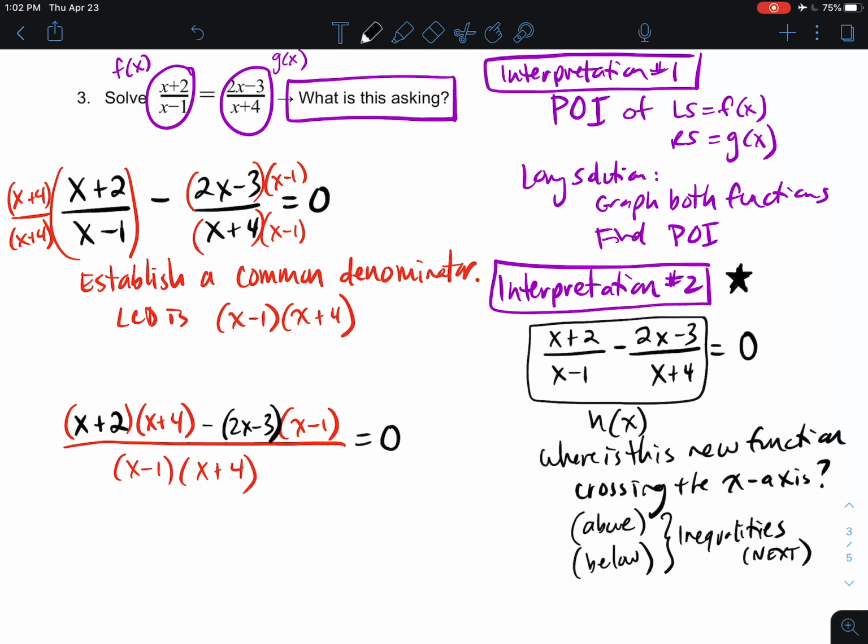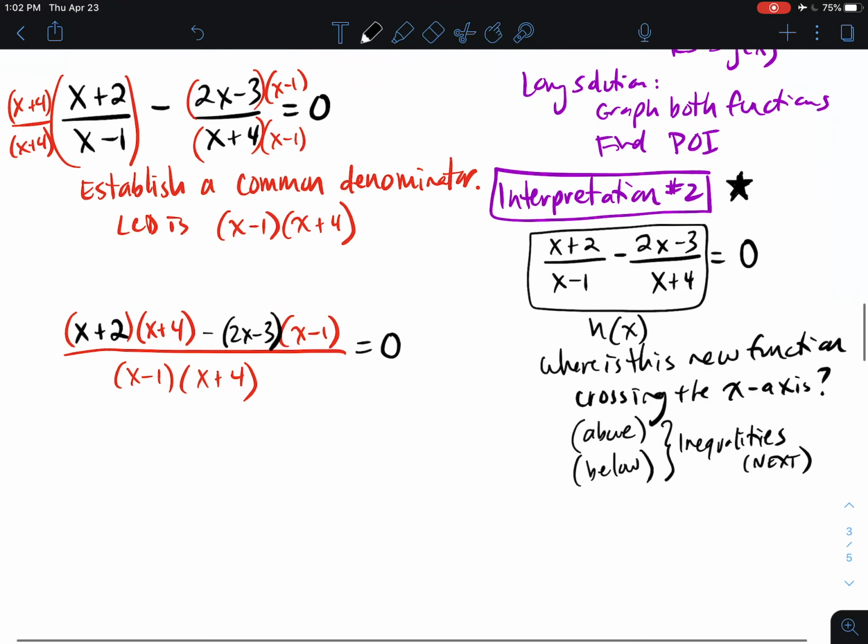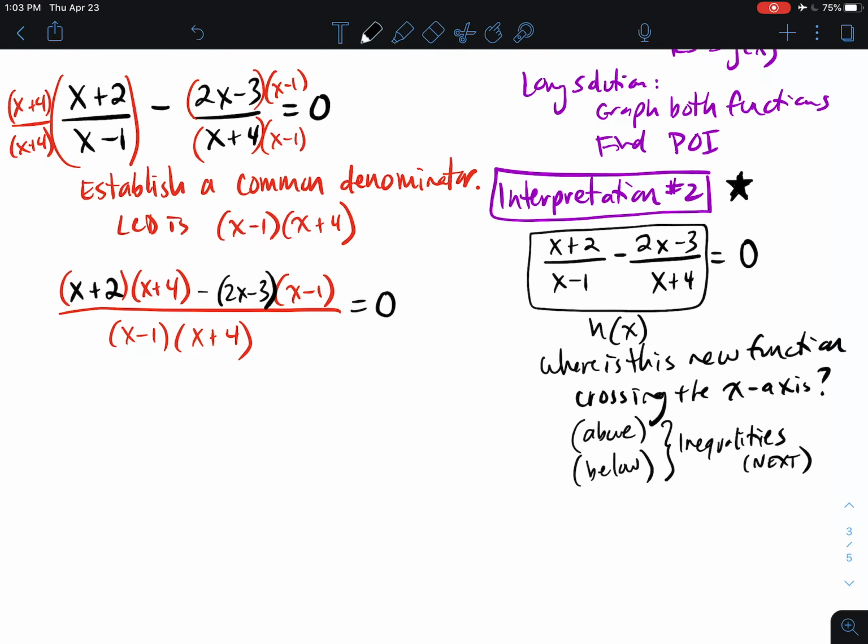this new equation that has one denominator, and that denominator is x minus 1 times x plus 4. Now from here, I'm just going to expand and simplify. So here we have x squared, and then 6x, and then 8. And then I'll do this in multiple steps so I don't lose you guys.